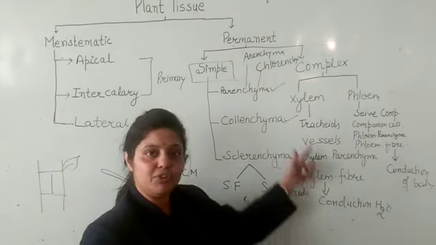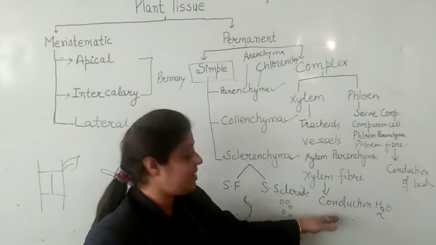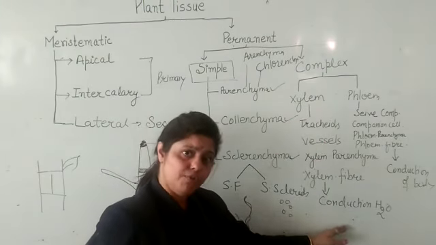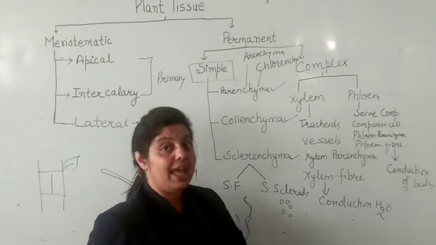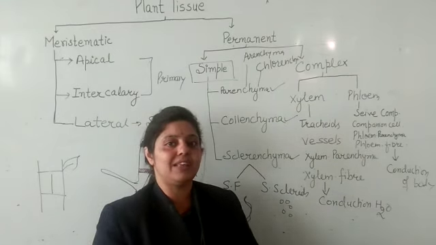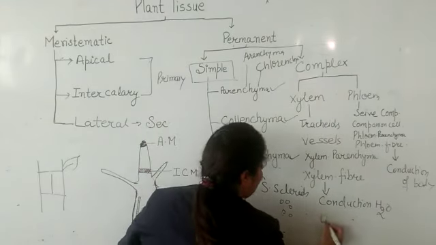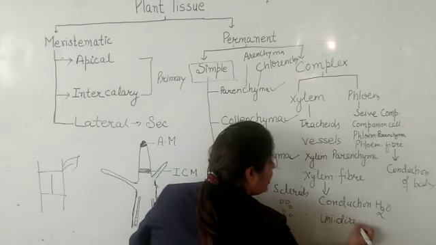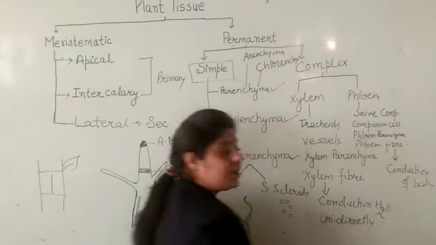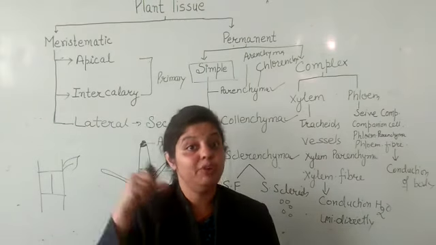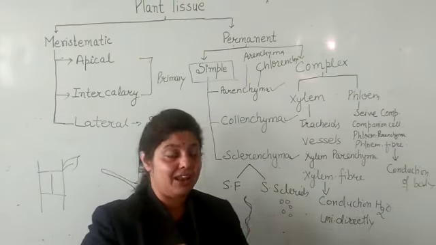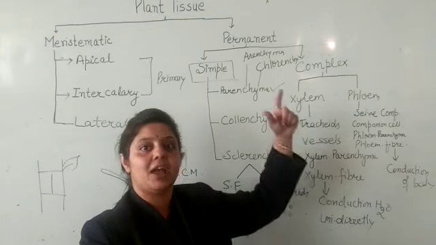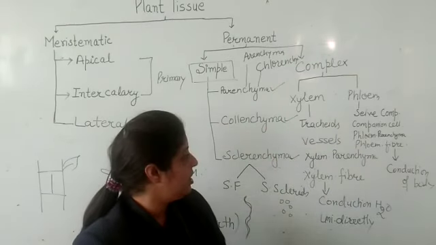These are the components of the xylem. So xylem is responsible for conduction of water throughout the plant body, and the flow through the xylem is unidirectional. That is, water will be sucked by the roots, and from the roots it will be taken up to the plant body.